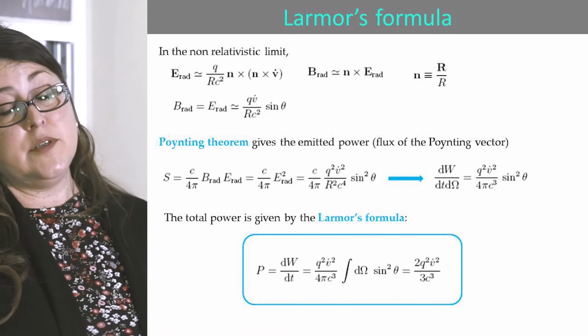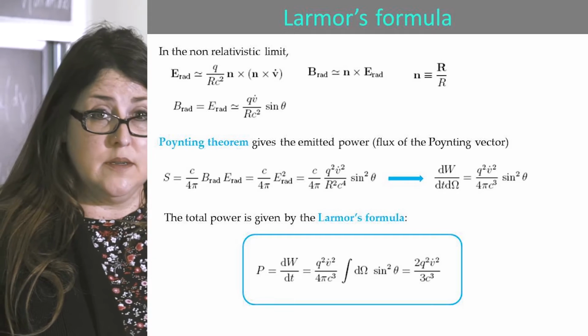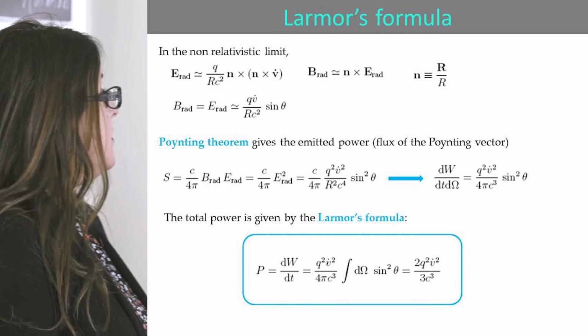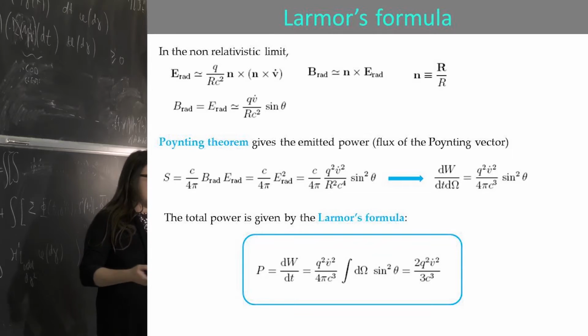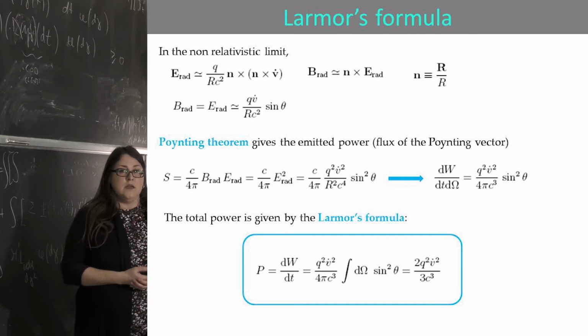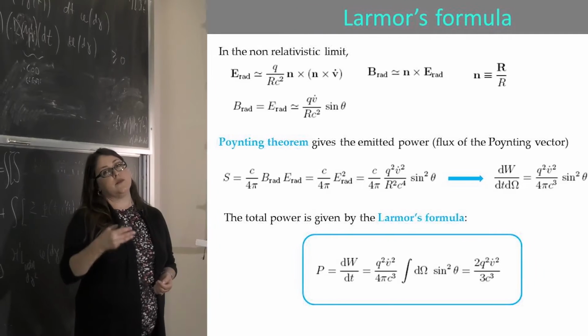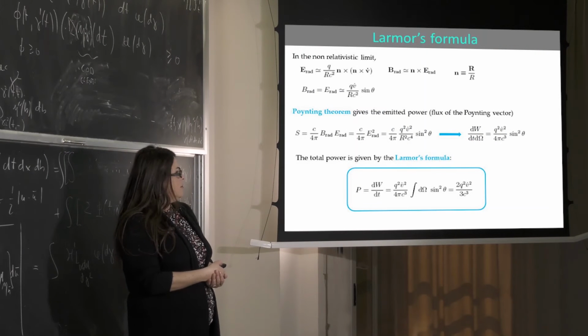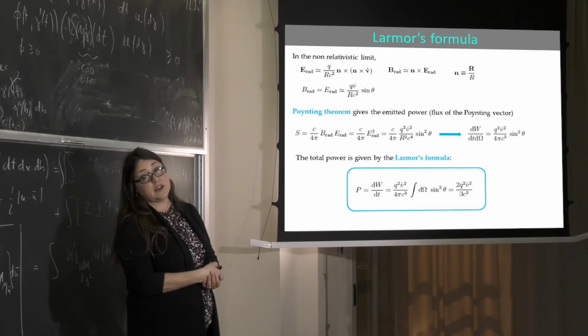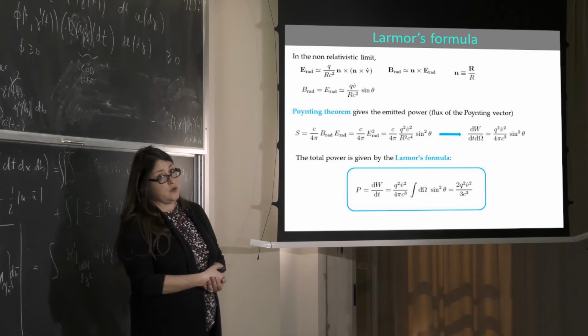And using the Poynting theorem and calculating the Poynting vector, we can derive the value of the power that this moving charge is emitting per unit solid angle, so the energy emitted per unit time per unit solid angle. The elementary form of this power is given by this differential Larmor formula.